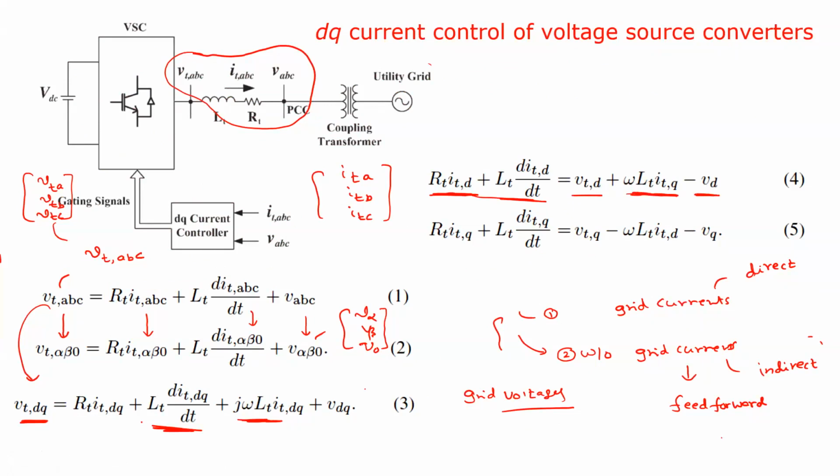When you are modeling an induction machine, you will get the cross-coupled components. So this is RT into ITD, this LT into VTD, and this one is minus omega LT into ITD minus VD, VQ. So this is the d-axis and this is the q-axis components.